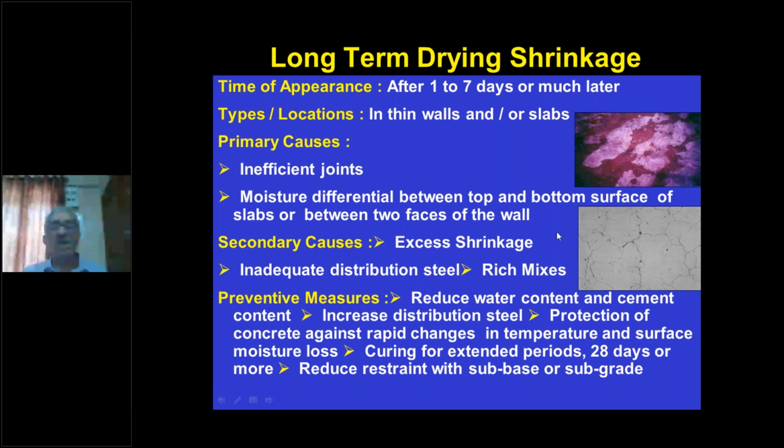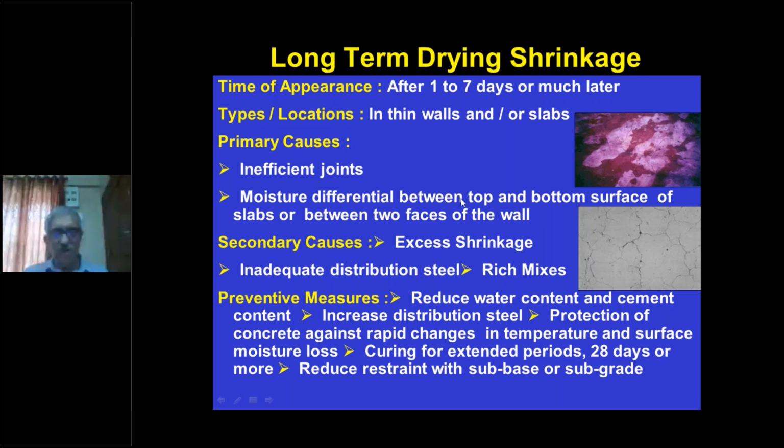Moisture differential between the top and the bottom surface. When we were in college, we were told that the concrete should adhere to the lower concrete, the lean concrete which you put, the structural concrete on the top. But no, now the whole concept has changed.